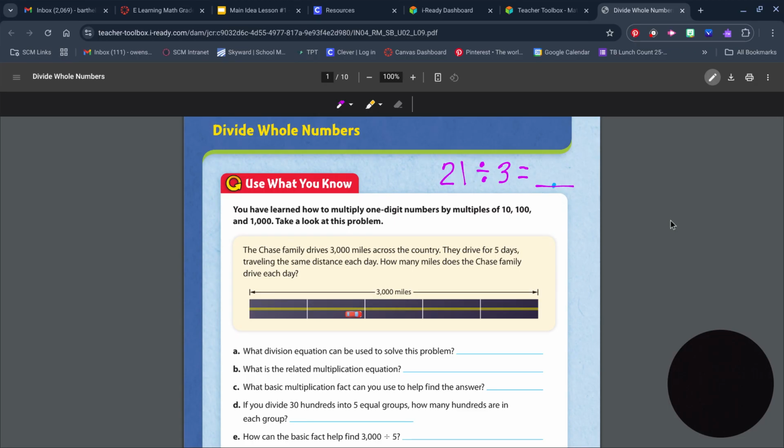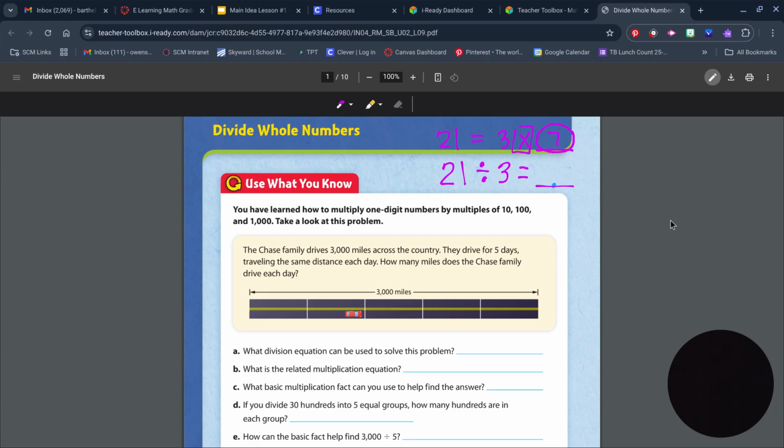So in other words, you're saying what times 3 equals 21. So now you're trying to figure out your little mystery number here. What times 3 equals 21? So how many groups of 3 make 21? And then it would be 7.